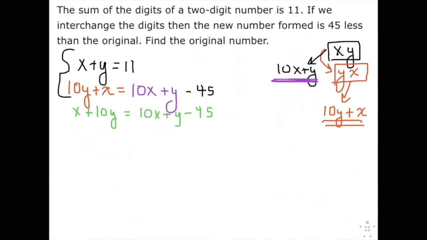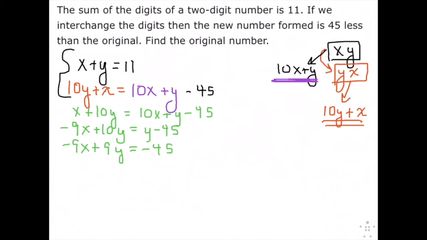So first I can subtract 10x from both sides, and I get negative 9x plus 10y equals y minus 45. And then I can subtract y, so I get negative 9x plus 9y, 10y minus 1y is 9y, equals negative 45.